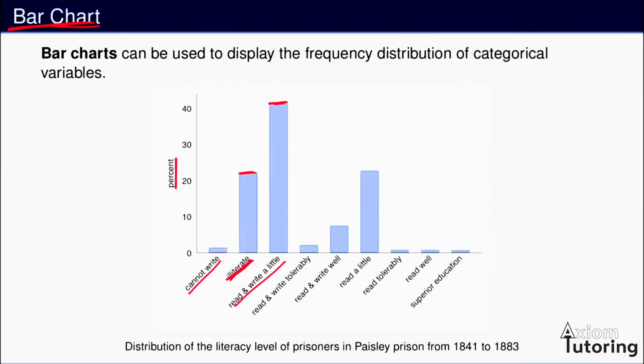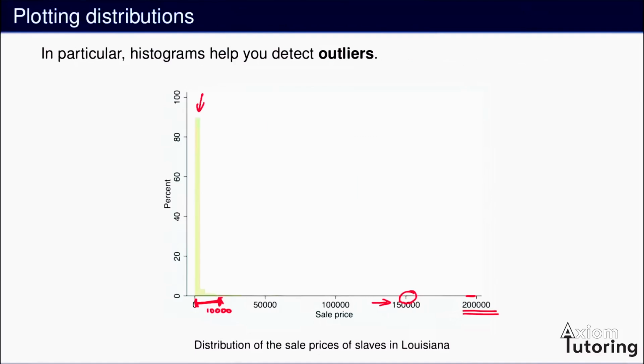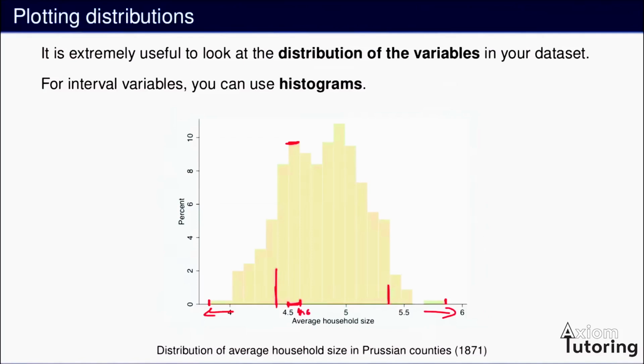Okay? And so here, the big difference is that for each value that the variable can take, you have a distinct column. Whereas for a histogram, you have bins where different values are binned together. So for example, if we look back at our graph, any value that was between let's say 4.5 and 4.6 would be in the same bin.